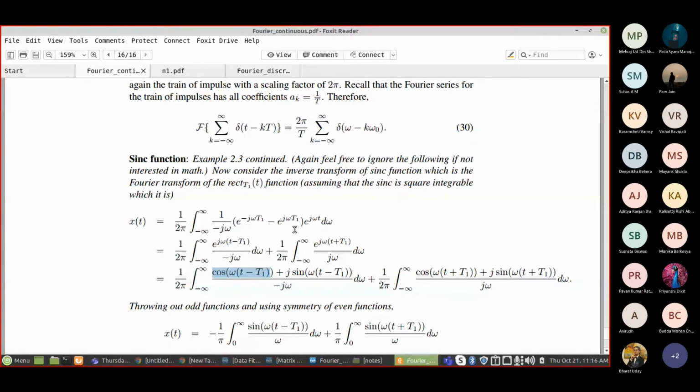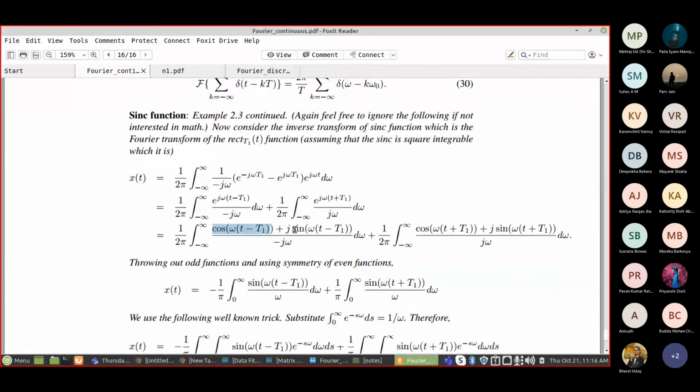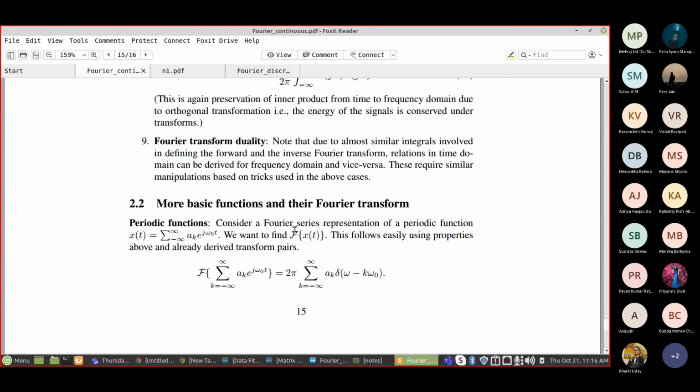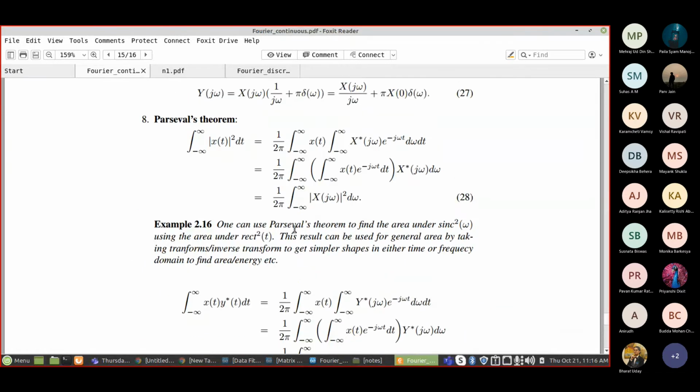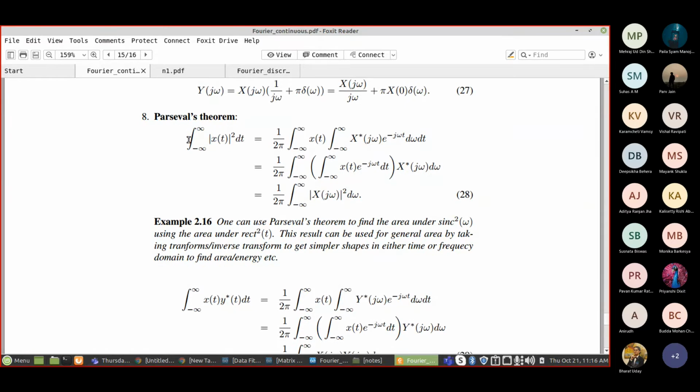Yes, that is absolutely correct. Let me at least show you. If you have seen Parseval's theorem before, then yeah. x(t) is square integrable if and only if its Fourier transform is square integrable. That's what Parseval's theorem says. Now the rect function is square integrable. That is straightforward. It is of finite duration and it has finite value. And from that it follows that sinc is also square integrable.